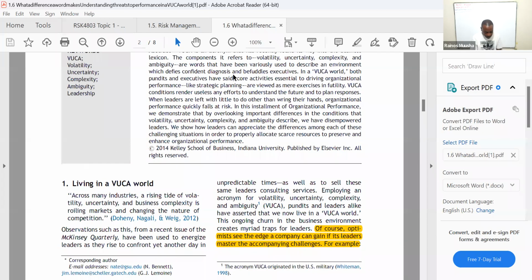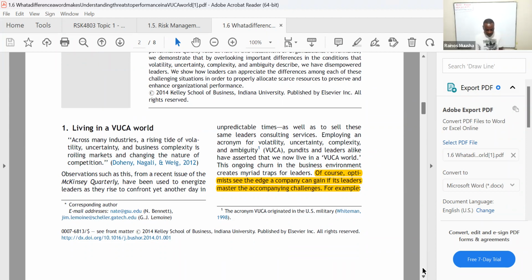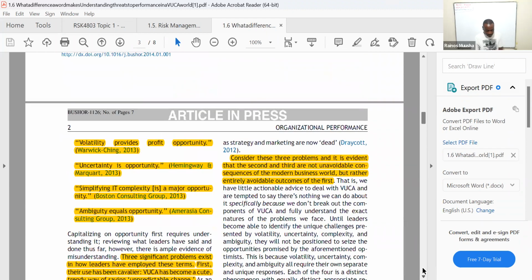Going back to unit 1.6, if you check the second page of the article, which is section 1, living in a VUCA world, in the paragraph on the right they say: of course, optimists see the edge a company can gain if its leaders master the accompanying challenges. For example, volatility provides profit opportunity, uncertainty is opportunity, simplifying IT complexity is a major opportunity, and ambiguity equals opportunity.